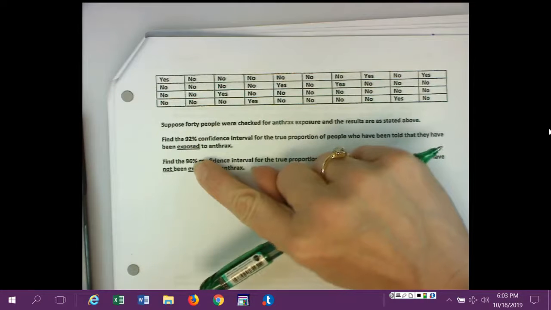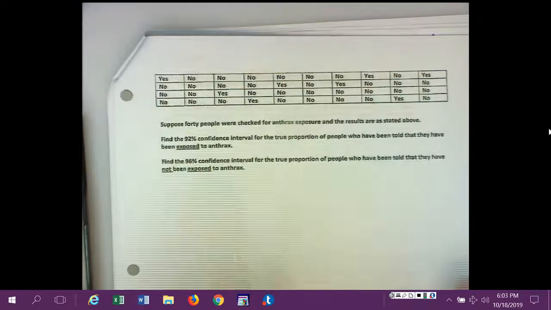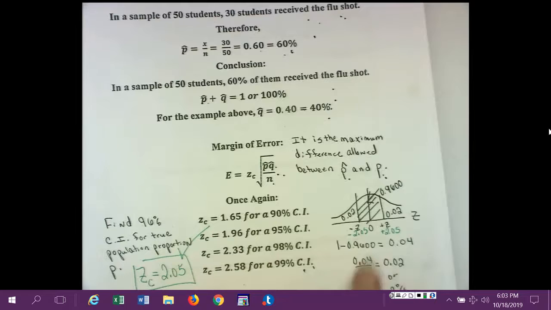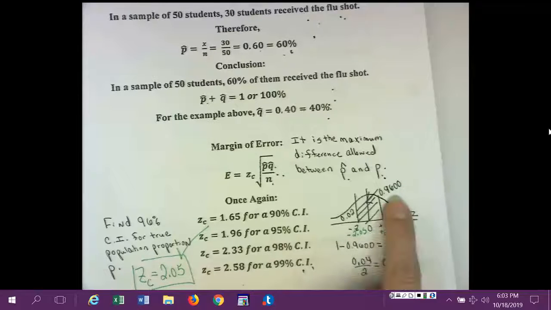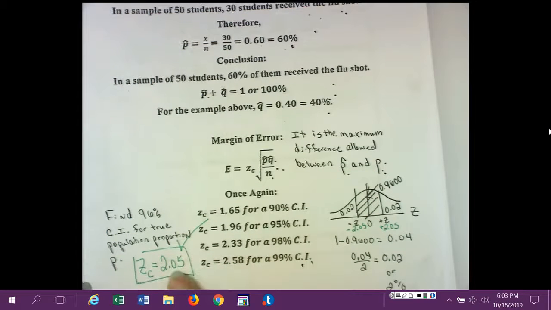We worked a problem just a moment ago dealing with the 96% and how we discovered that it was a critical value of 2.05. We did that here as an introduction in this video. So if you have a 96% degree of confidence for a proportion interval for true population proportion, the critical value is 2.05.